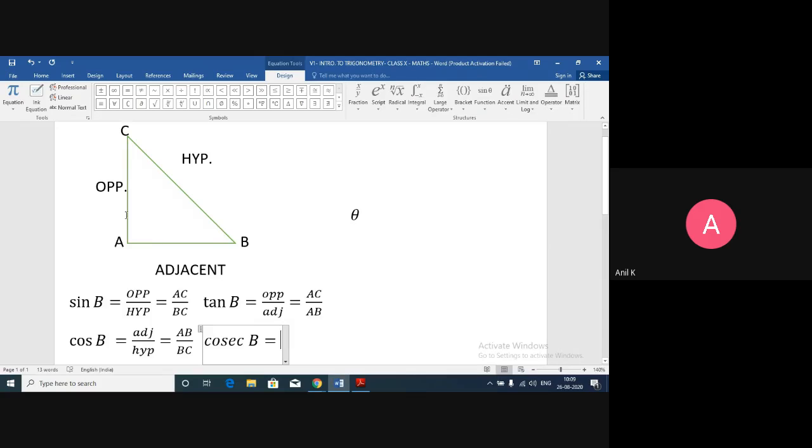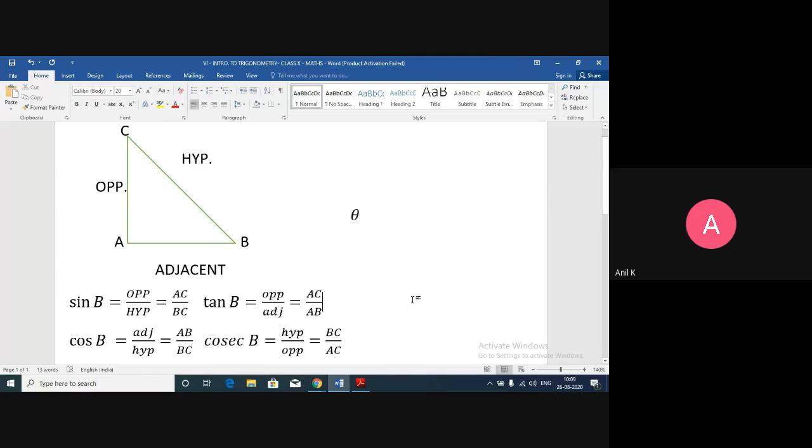See, sine B I have taken as opposite upon hypotenuse. Now cosec will be hypotenuse upon opposite. It will be the reciprocal, hypotenuse upon opposite, or you can write it as BC upon opposite, which is AC. This is for cosec.